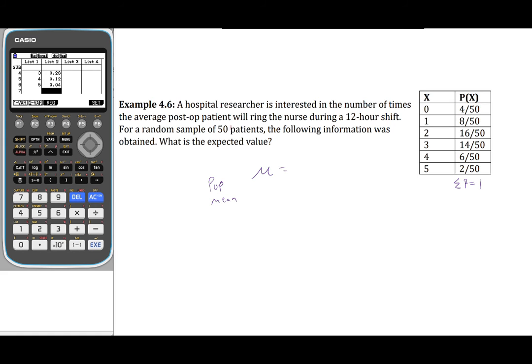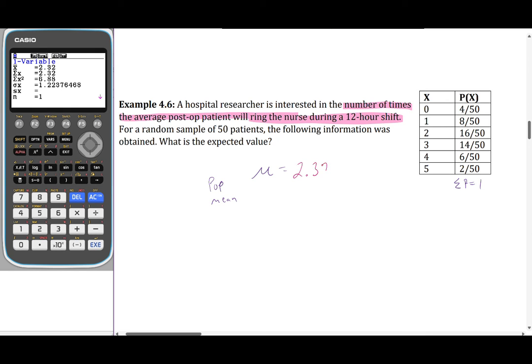In this case, it is the number of times the average post-op patient will ring the nurse in a 12-hour period. So we're only dealing with one variable. So we're going to click 1var, and we will get that the population mean is 2.32. Again, this is the expected value.